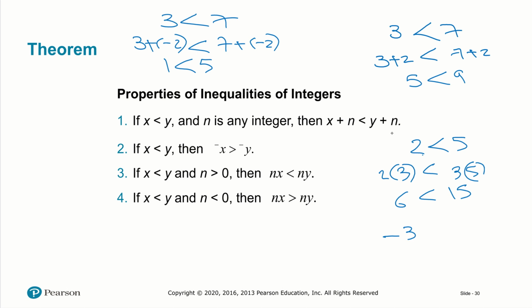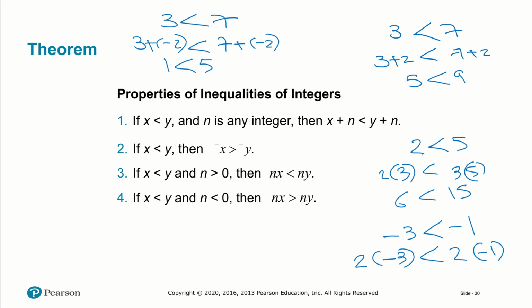Okay? Now, we know that, for example, -3 is less than -1, right? Now, let's multiply both sides by +2. So we get what? 2 times -3. No need to change the direction. Remember, you only change the direction of an inequality if you multiply or divide both sides by a negative number. Makes no difference whether you multiply or divide.